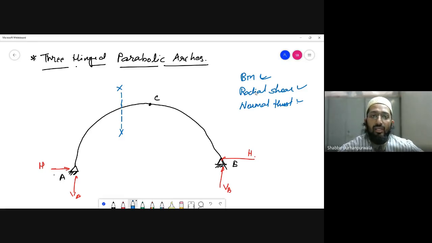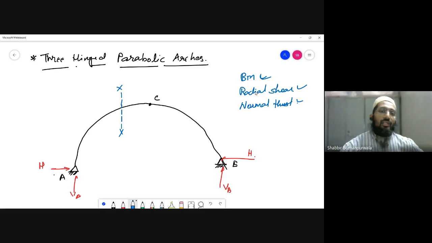If the member is experiencing a bending moment or bending stress, then there is going to be a bending moment and bending stress acting on the section. If the bending moment is there, shear force is certainly going to be there. Okay, so shear force and bending moment are related to one another, but the internal forces, or we can say the normal thrust, is independent of these two.